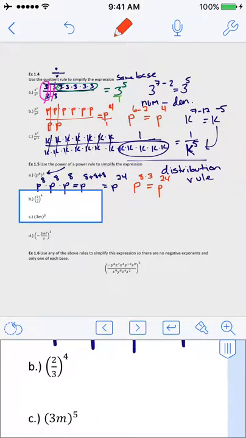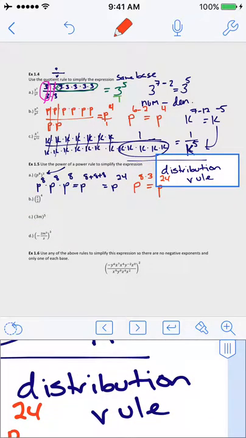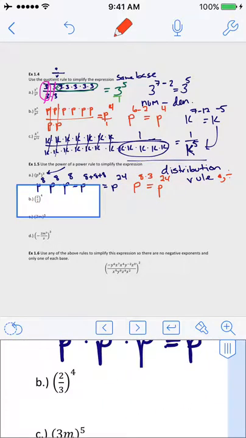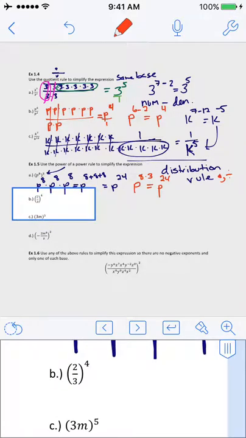Distribution rule happens in B. And it's exactly as you think it would work, right? Distribution. If I've got 2 over 3, all of that to the 4th, then I can distribute that exponent. It works for multiplication and division. You cannot distribute to addition or subtraction because that violates PEMDAS. But anything multiplication or division, you can distribute that exponent.